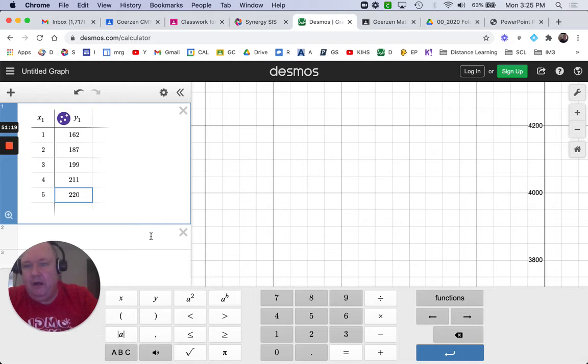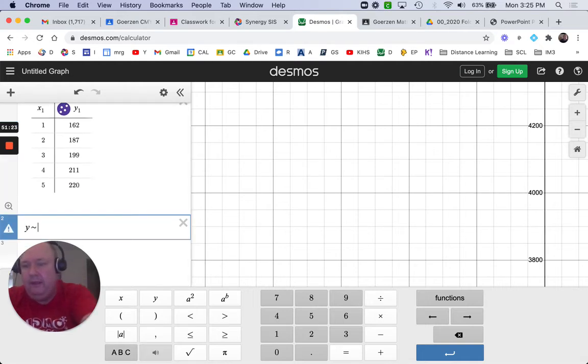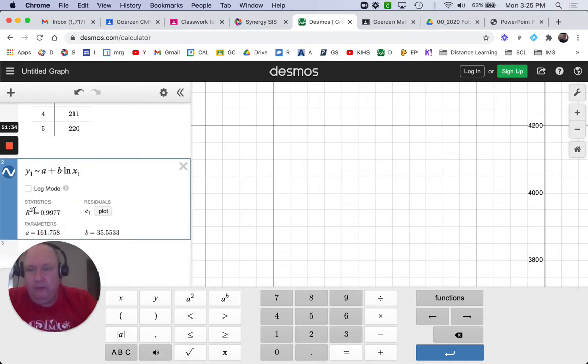And then the model is Y1 squiggly A plus B ln X1. That's the logarithmic growth. Notice we have a good R squared score. A is 162. B is 36. I'm just rounding. So we have our equation.